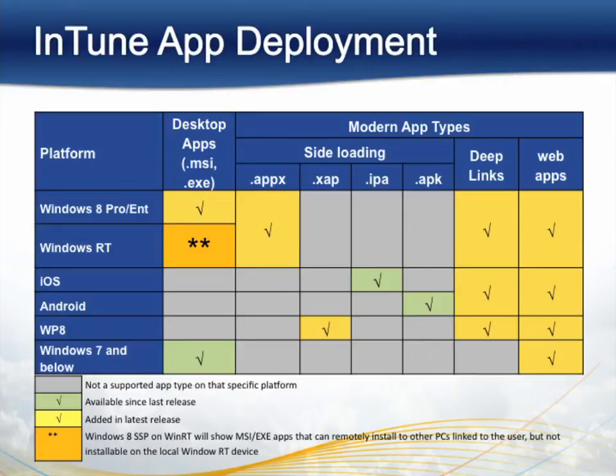We can do the Intune agent on real Windows devices and deploy MSIs and EXEs to those devices as well. And then the various different types of web apps and such that we can deploy. So again, depends on the device, but it's fairly straightforward.